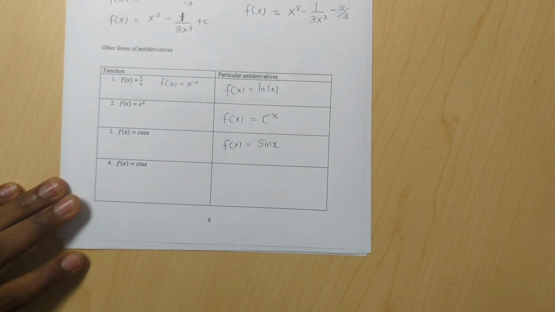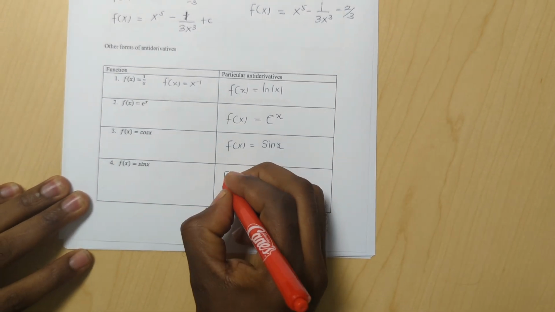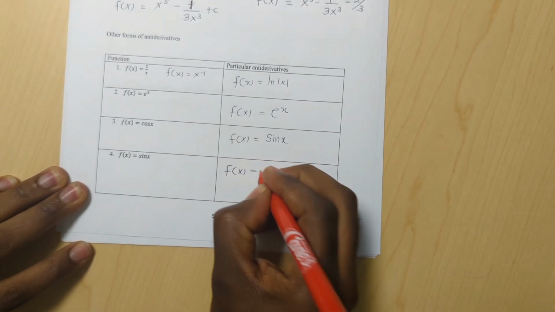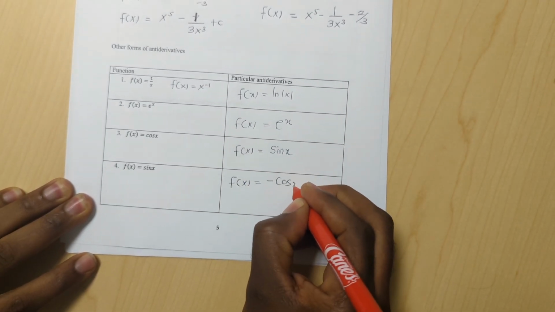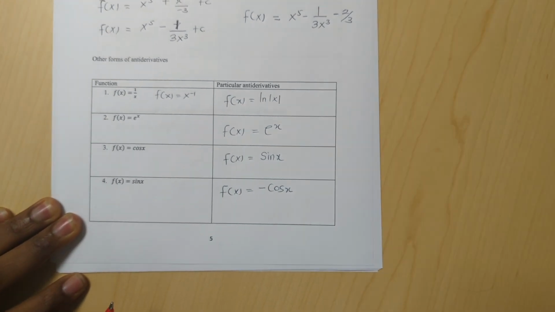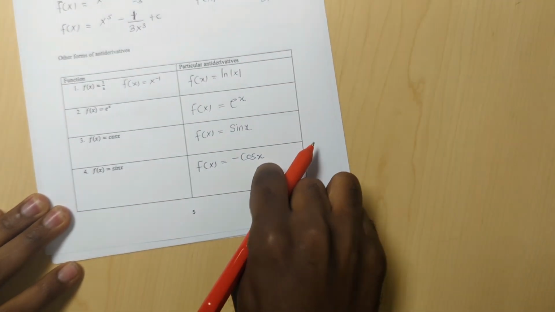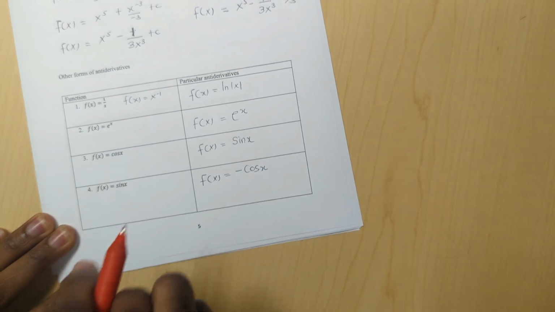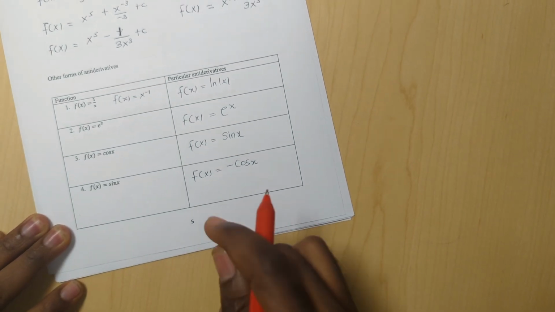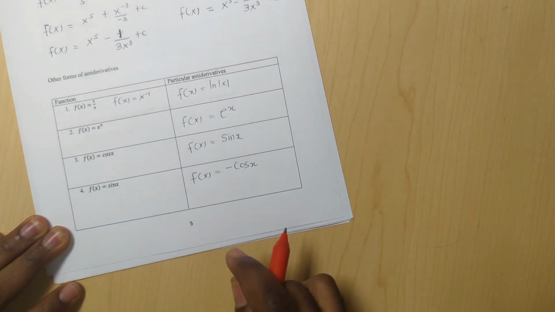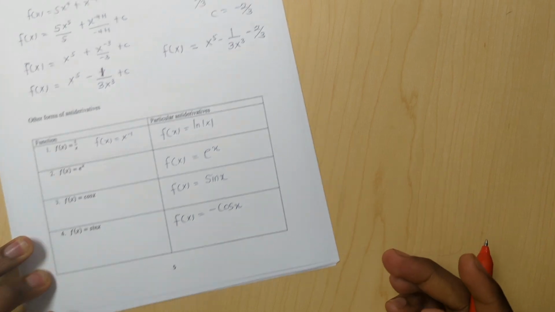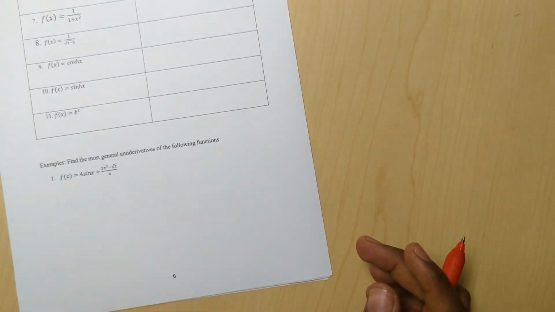We'll be looking at that later in the course. Also, the derivative of the function negative cos x will give you sine x. Then we can say that negative cos x is the antiderivative of sine x. Or in other words, people will say that the integral of sine x is negative cos x. That's it. Let's look at some more.